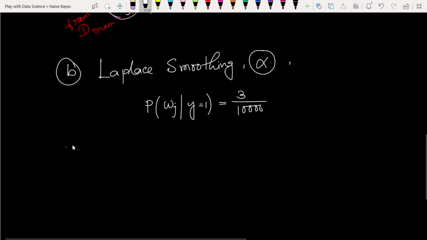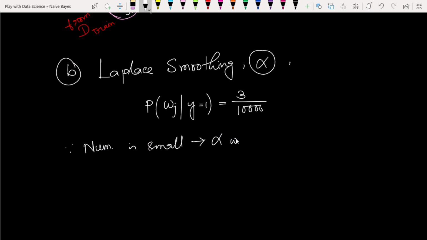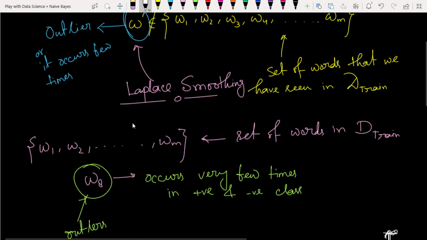Since our numerator is small, alpha will have more impact here. That is how to manage this kind of outlier.